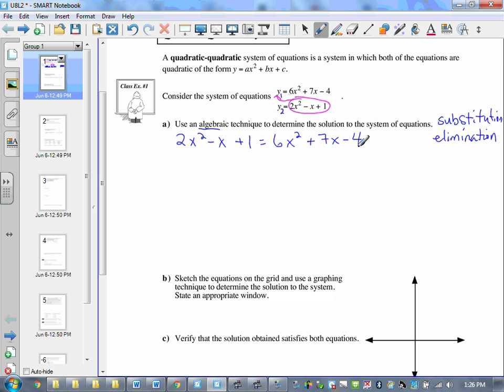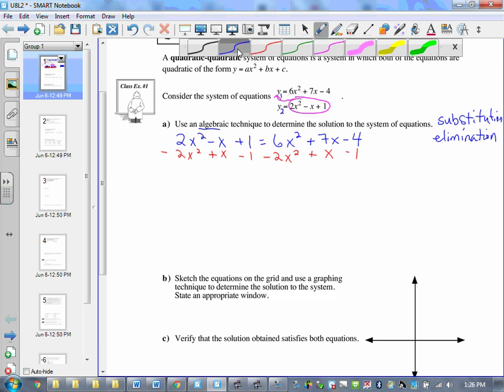We're going to have to subtract them all over, so minusing our 1, plusing our x, and minusing our 2x squared. So 0 equals 4x squared plus 8x minus 5.